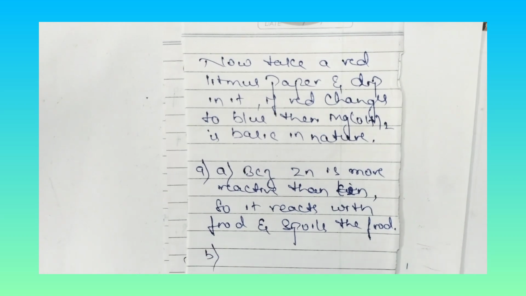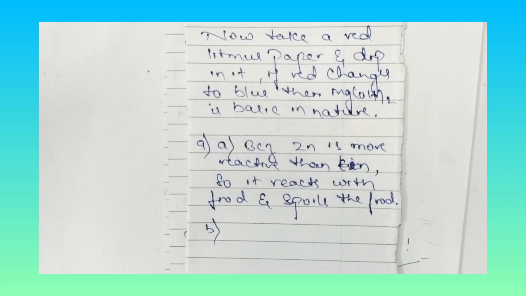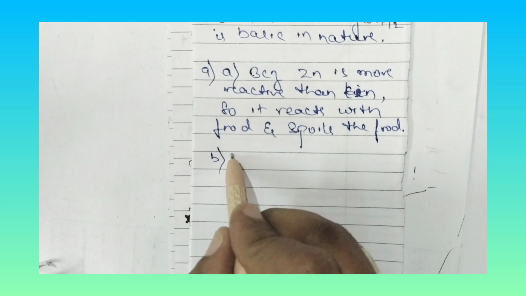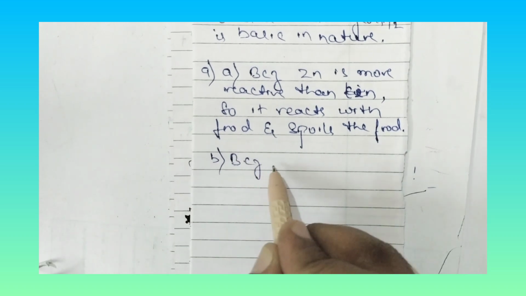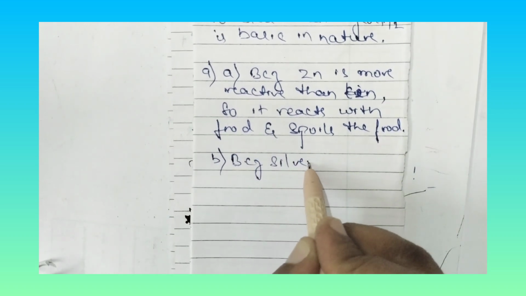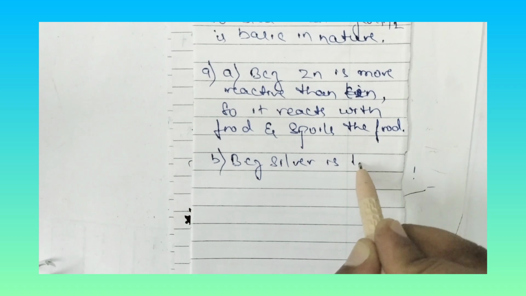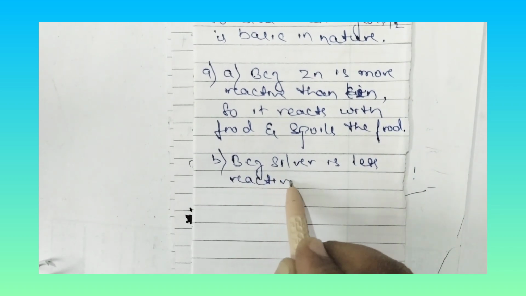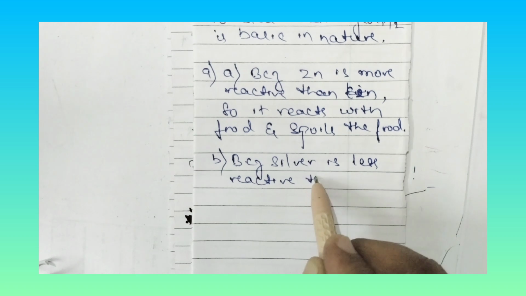In that second question, we can store copper sulfate solution in a silver vessel but not silver nitrate solution in a copper vessel because silver is less reactive than copper.